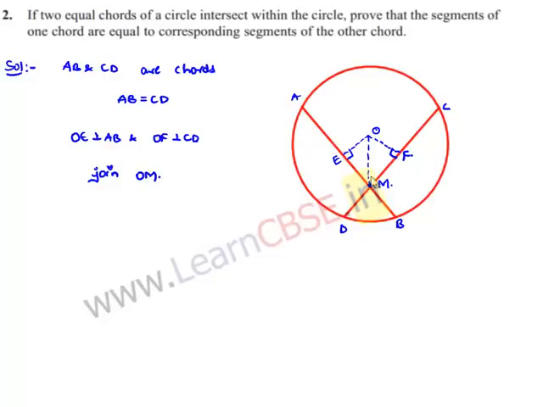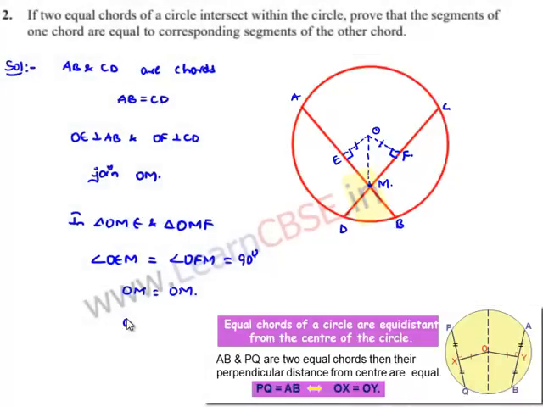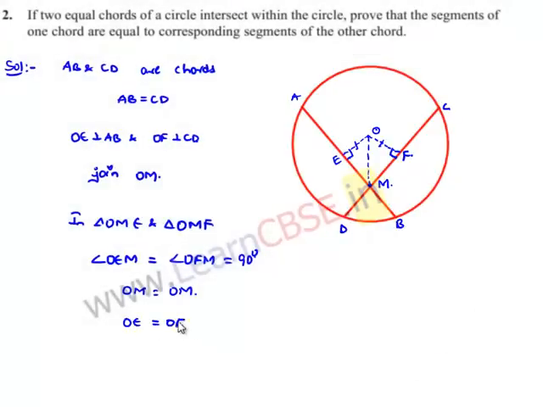Now if we observe triangle OME and triangle OMF, angle OEM is equal to angle OFM is equal to 90 degrees since we have drawn the perpendiculars, and OM is equal to OM, which is the common side for both triangles. The perpendiculars drawn from the center to equal chords are of equal length. Therefore OE is equal to OF.